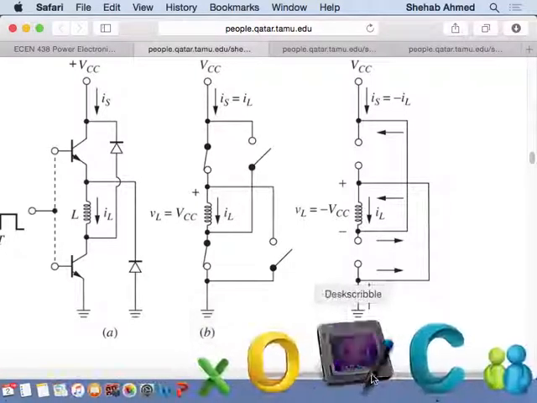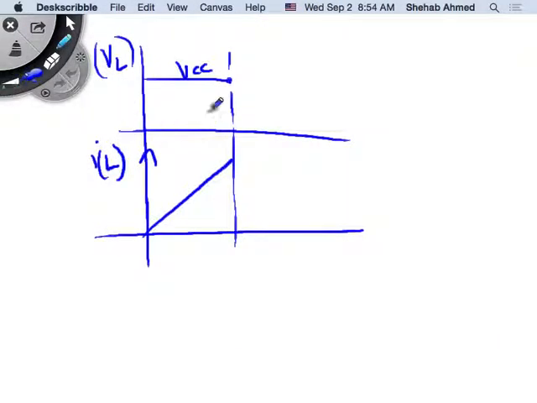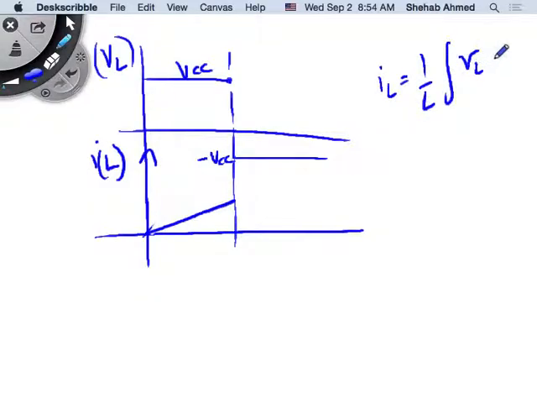So what happens when you flip the polarity of voltage across an inductor? Now instead of VCC I have minus VCC. I didn't draw it nicely here. What happens to the current if I put minus VCC across the inductor? IL is equal to 1 over L integral of VL dt, plus I0, the initial condition.